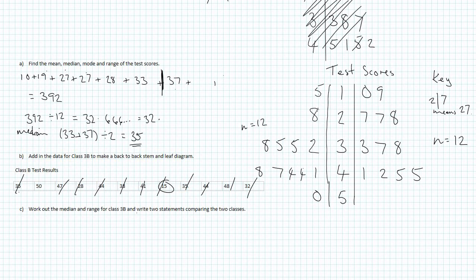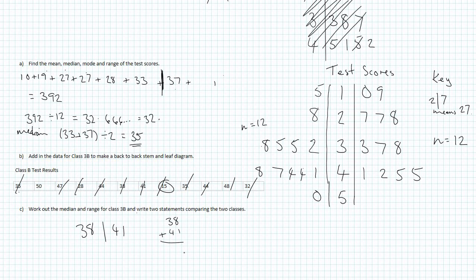My lowest number is 15, then I've got 1, 2, 3, 4, 5, 6. So my median is going to be between 38 and 41, because look, there's the 6 smallest numbers, there's the 6 biggest numbers, it's going to be in the middle of them. So I could do my trick and add them up.